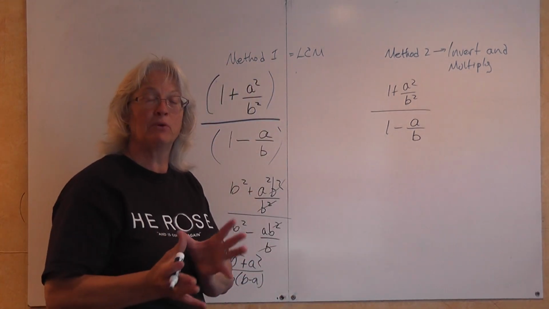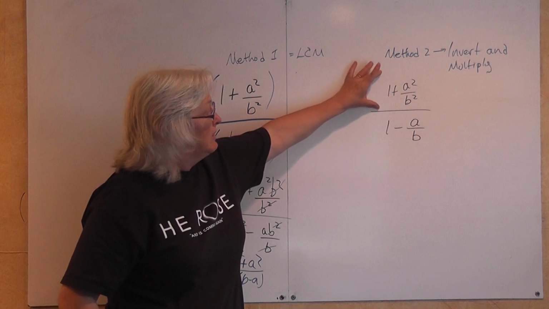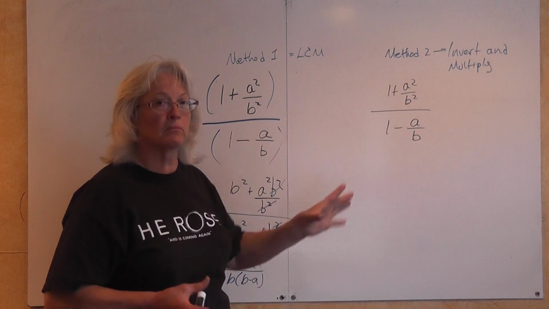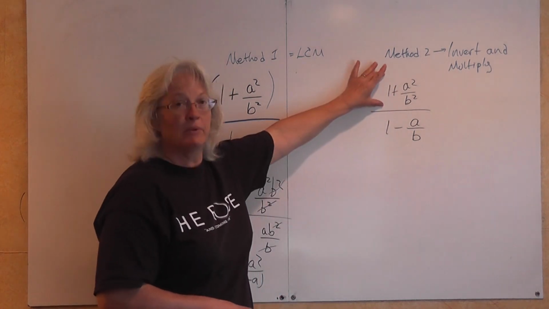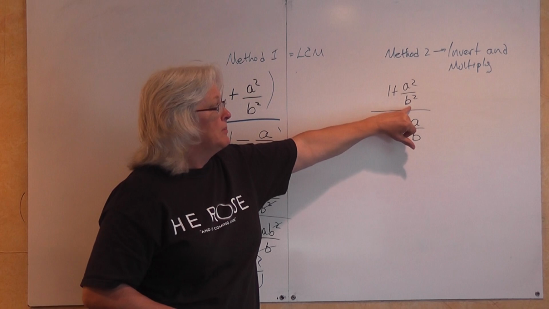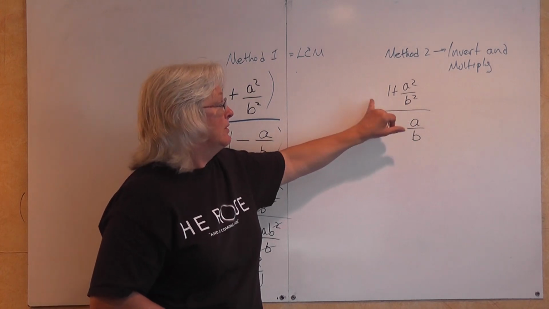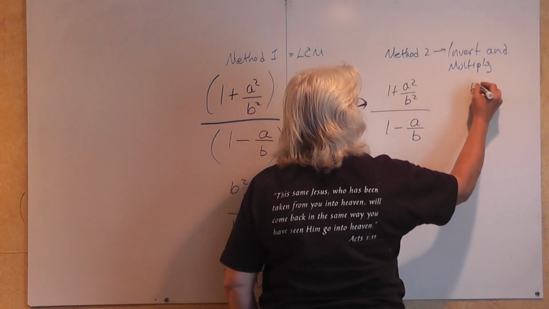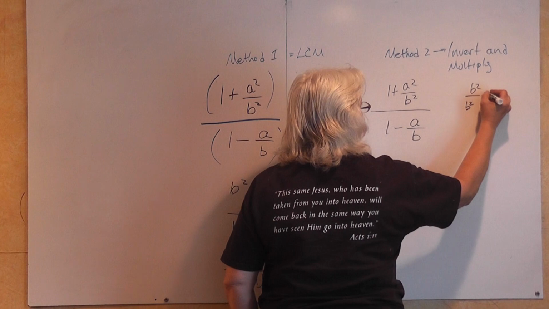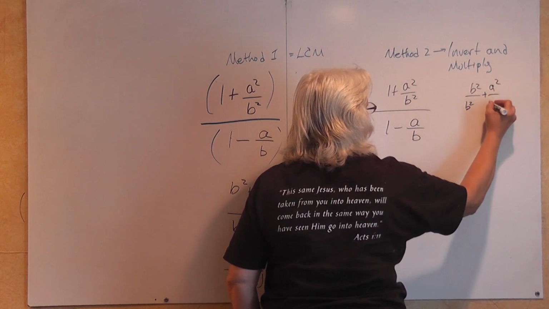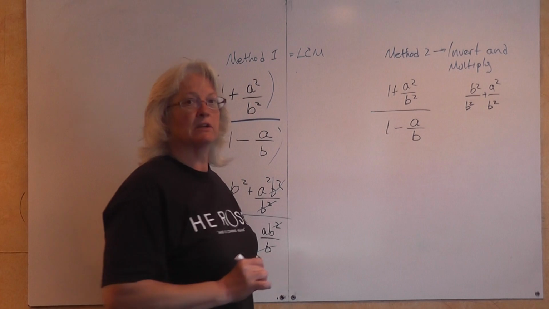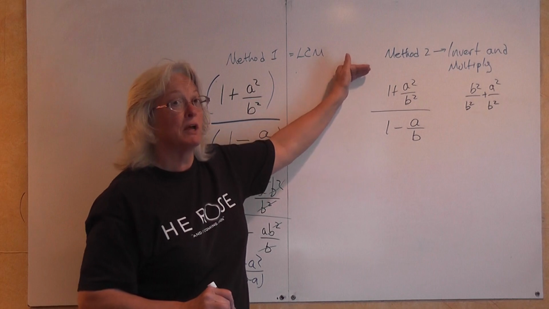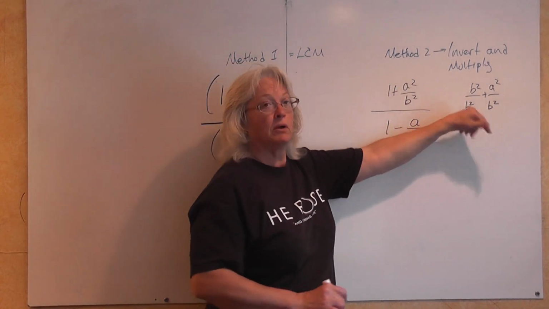Now, before we're able to invert and multiply, we have to rewrite the numerator and the denominator as a common fraction, with a common denominator. What denominator do we have here? We have b squared. So how are we going to rewrite this? Well, this is going to be b squared over b squared plus a squared over b squared, isn't it? Which is going to give us b squared plus a squared over b squared.